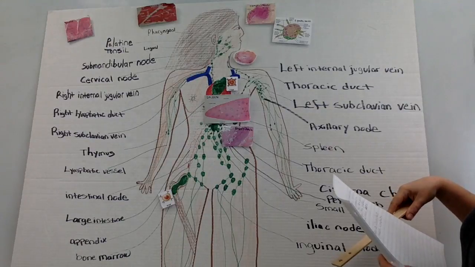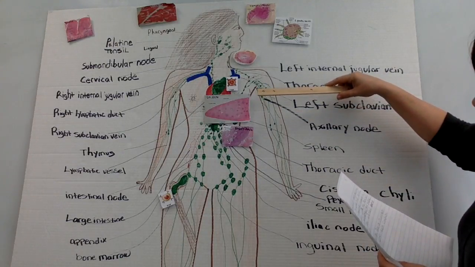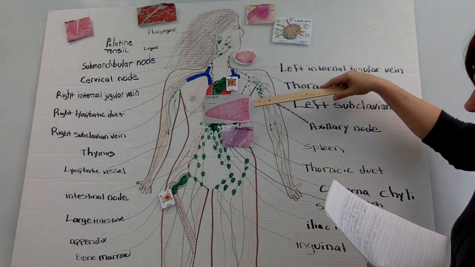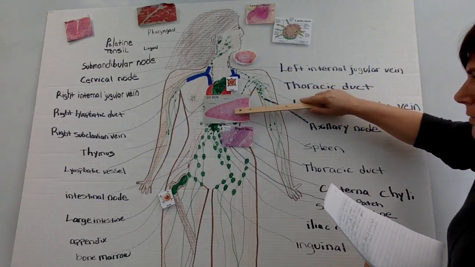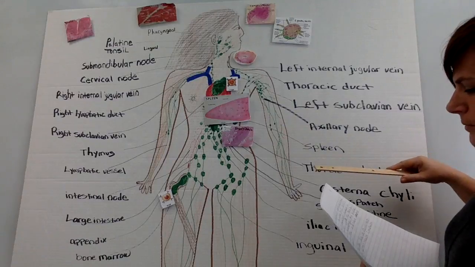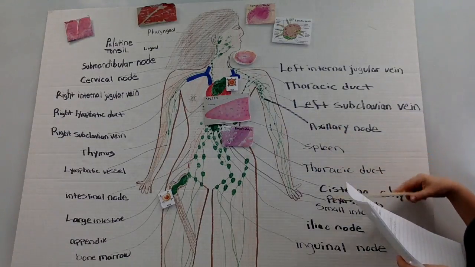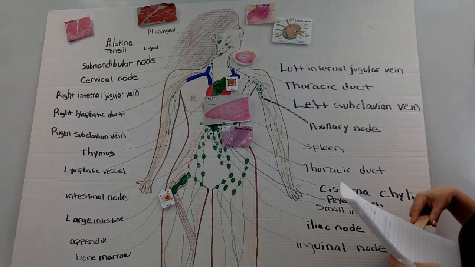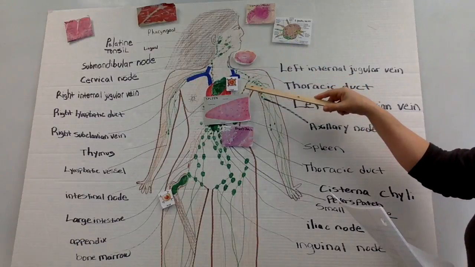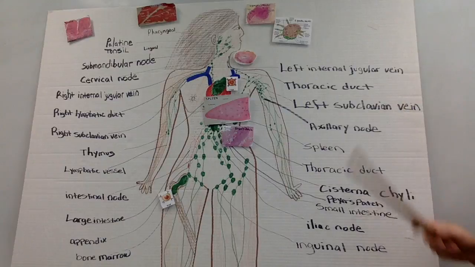And then we have red pulp. The white pulp consists of B and T lymphocytes involved in immune function, while the red pulp, which you really can't tell where it is, but it's kind of right over here where it says red pulp, is rich in macrophages and disposes of worn out red blood cells and blood-borne pathogens. So you can see demonstrated here that there's a consistent pattern within these lymphatic organs.